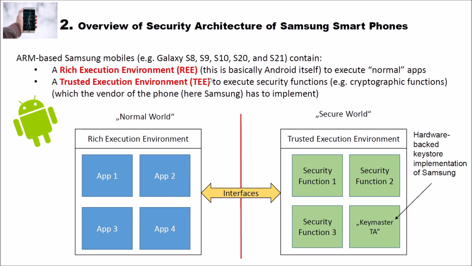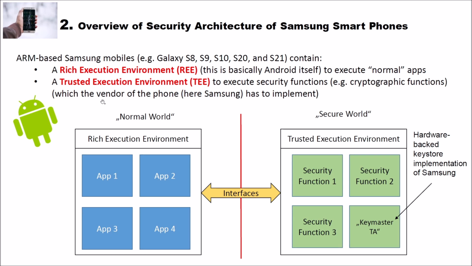With all modern processors, the ARM architecture itself supports the implementation of such secure hardware, or has a secure hardware part. The security functions, for instance the cryptographic functions, have to be implemented by the vendor of the phone. Here, of course, that is Samsung, and Samsung also implemented the cryptographic functions in the TEE. Here's a nice picture showing both worlds.